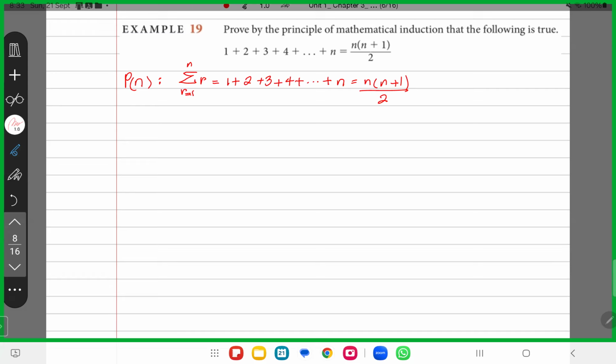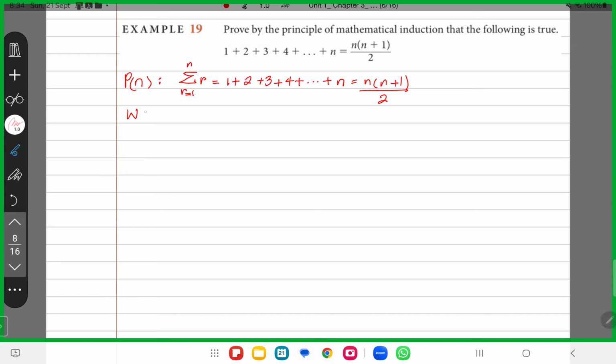That's what we're asked to prove. So 1 plus 2 plus 3 plus 4, adding the counting numbers all the way to n, is represented by that in sigma notation.